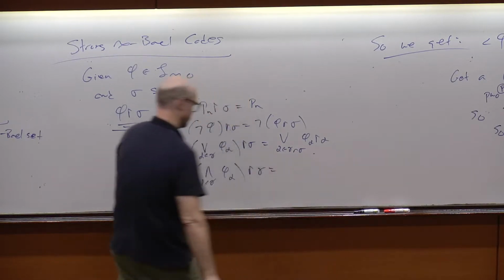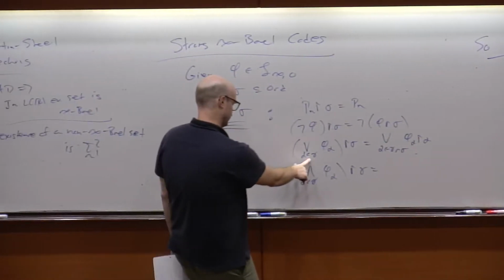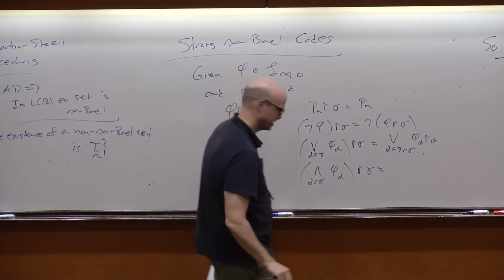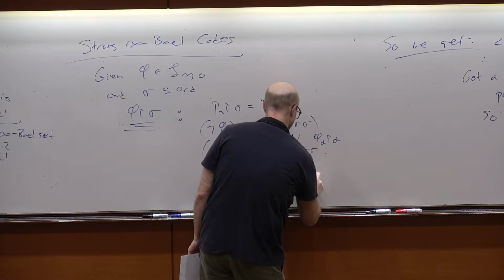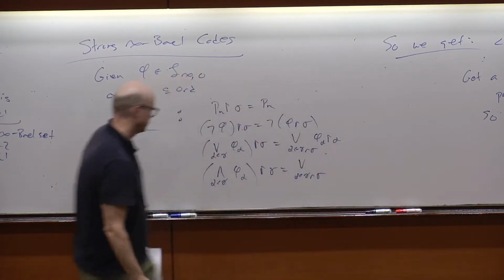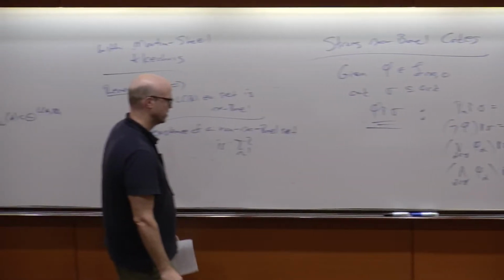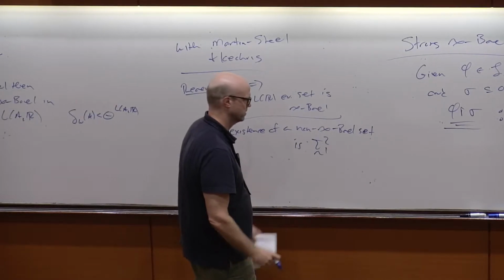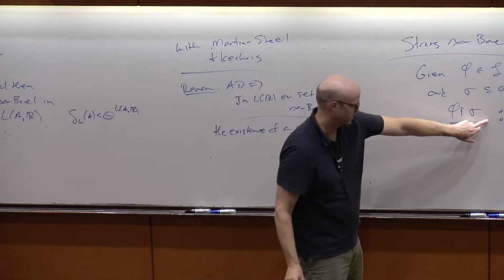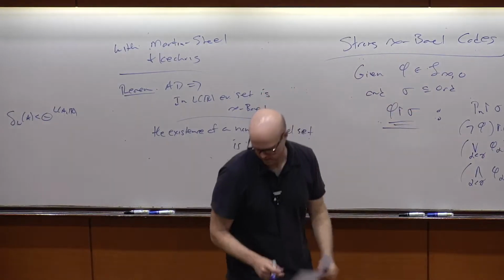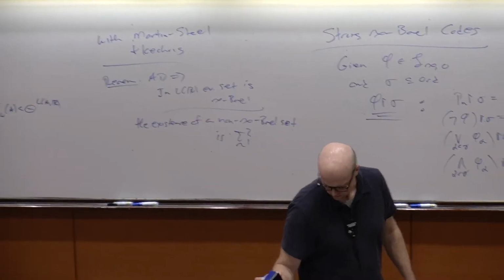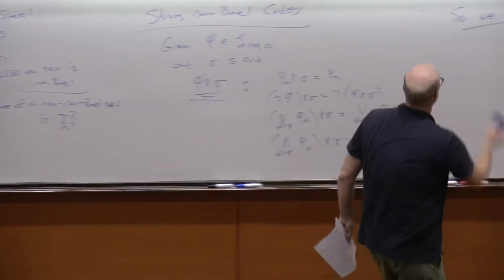It's not really important that the conjunctions are indexed by an ordinal, just by sets of ordinals. So that's just thinning out a code where in a conjunction or a disjunction, we only use the things indexed by members of sigma.